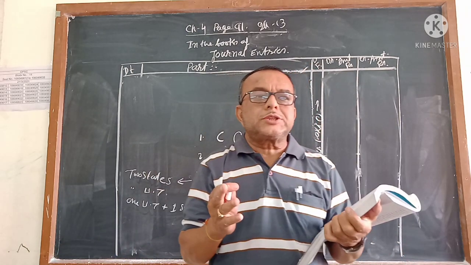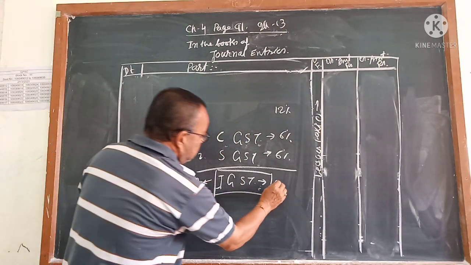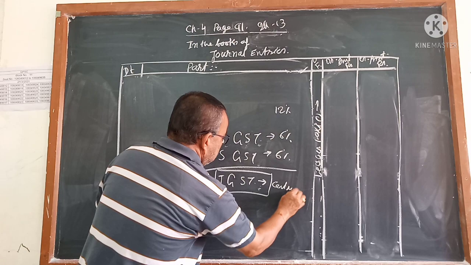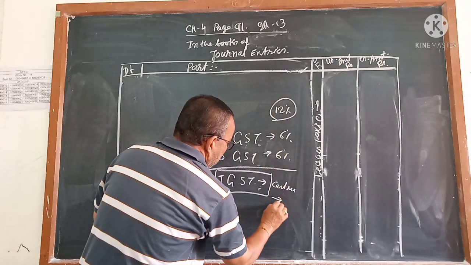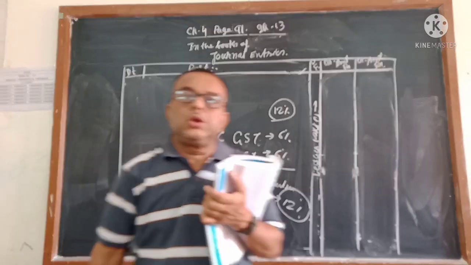Then IGST will be applicable, and IGST will be taken by the central government. If it is 12%, all of the 12% the central government will take, and the state government will not take.